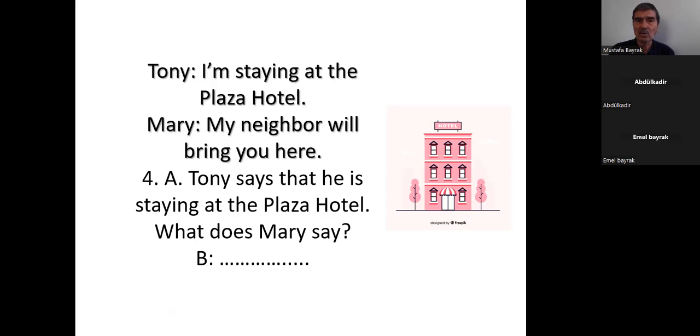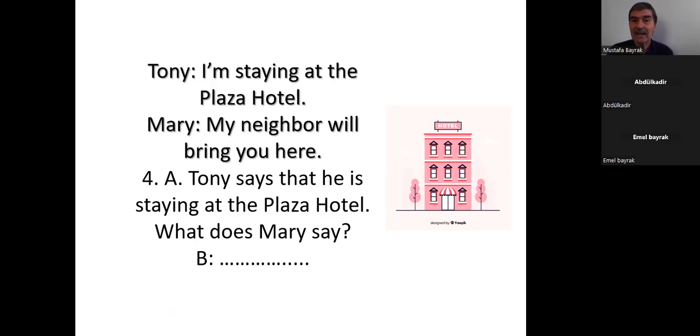Okay. Dialogue 4. Tony says that, or Tony is saying that, Tony has said that, has. There is the condition of has, okay? Present perfect, not past. We will see the difference in the advanced levels more clearly. Okay.